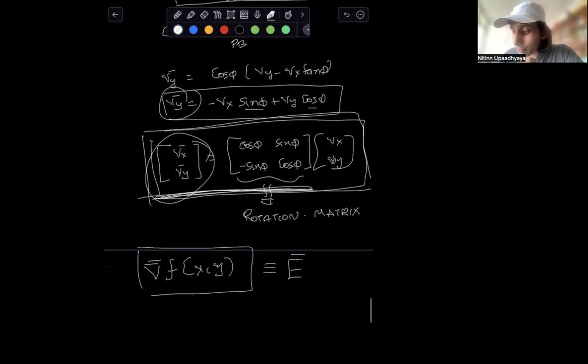In other words, if this field exists over coordinates x, y, and you were to calculate the gradient, and then look at a new coordinate system, obtained from the original one by a rotation by an angle of phi, do the components of the gradient vector in the new coordinate system follow the same kind of transformation using the similar rotation matrix that we just derived for a position or a velocity vector?